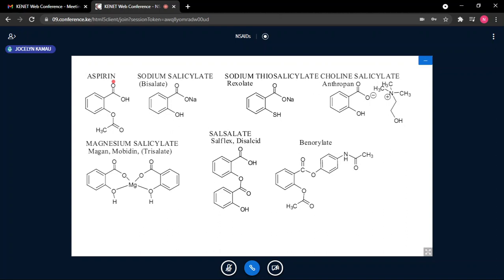When you talk about acetyl salicylic acid, the generic name is aspirin. Everyone knows what aspirin is. Then you acetylate the hydroxyl group of salicylic acid and you get acetyl salicylic acid.